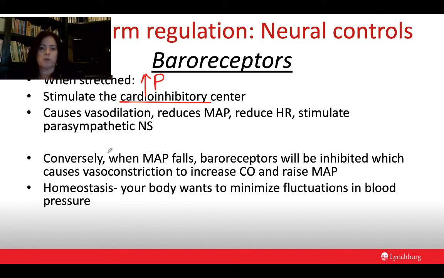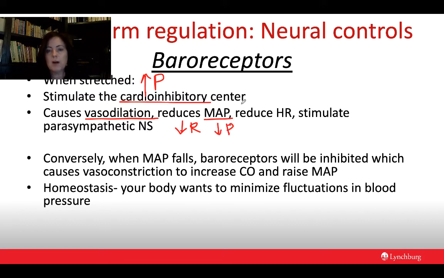We don't want too much pressure. Okay, so our body likes to keep our pressure within a certain range. So what's going to happen here is the cardioinhibitory center is going to cause pervasive vasodilation throughout the body, which we know is going to decrease resistance, which we know is going to now decrease our pressure, right?